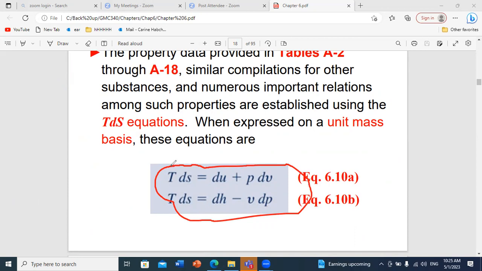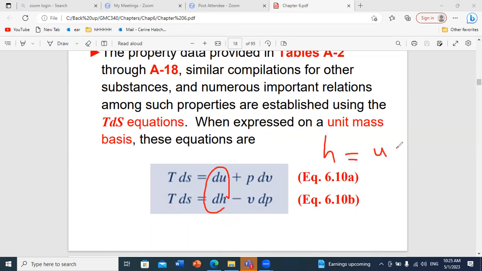For example, if TdS is equal to dU plus PdV and you have constant volume, dV will cancel out, then TdS will be equal to dU. While if you have an application of constant pressure, which equation do you use? The second one. And how can you go from one equation to the other? It's very simple, because you know the relation between U and H: H is equal to U plus PV.